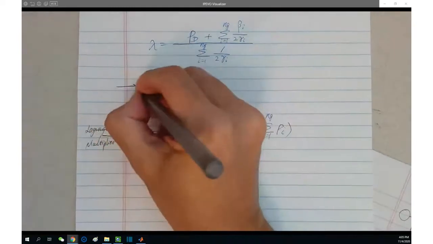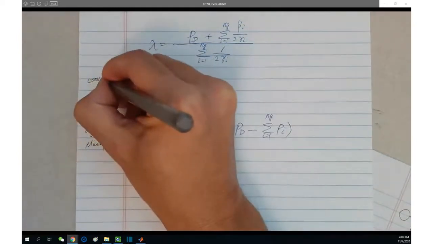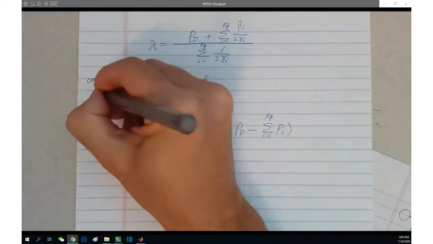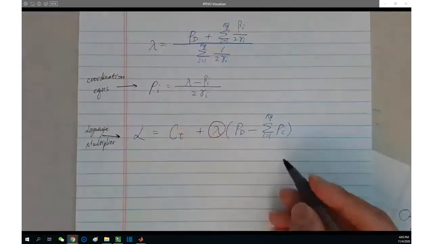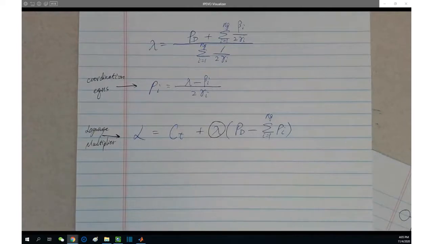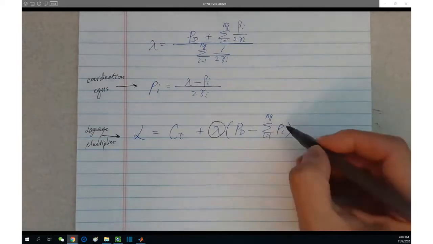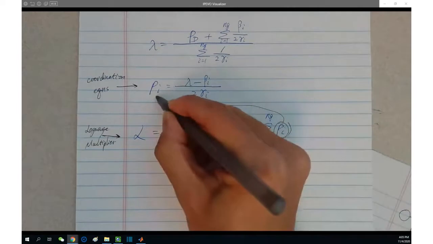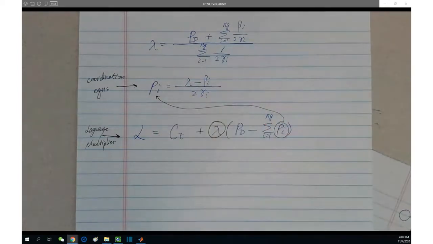Here is the coordination equation to guarantee the optimal total cost. And of course, this P_i is the same P_i, P sub I.